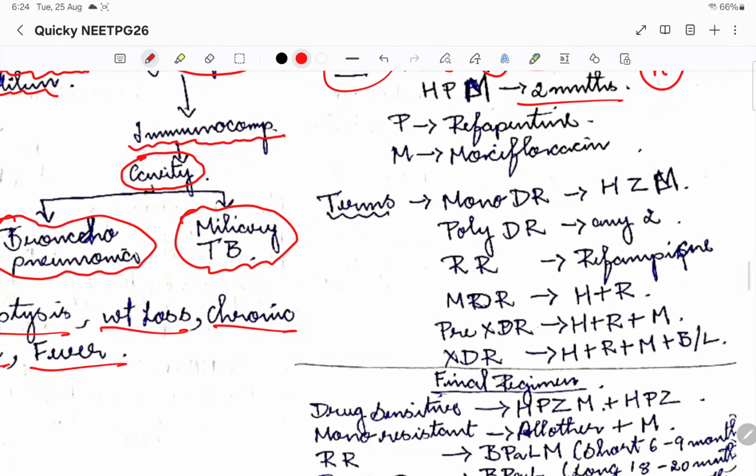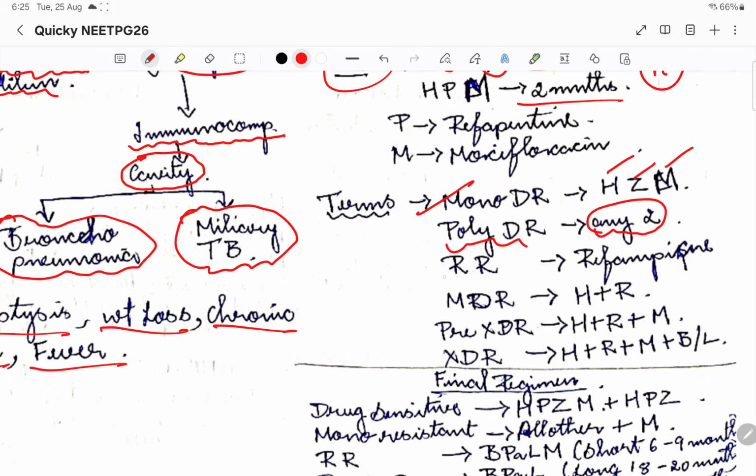Then the terms with respect to all the drug resistance I was telling, right? If it is mono drug resistance, it is going to be either isoniazid, pyrazinamide, or moxifloxacin that is resistant. If it is polydrug resistance, any two of these drugs will be resistant.